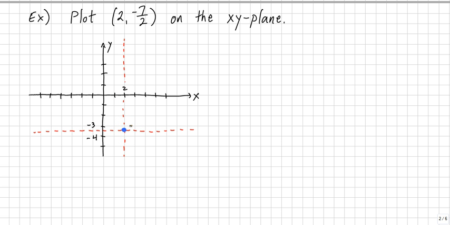Basically, (2, -7/2) says go right 2 and then go down 3.5. So right 2 and down 3.5. This right here is the coordinate (2, -7/2).